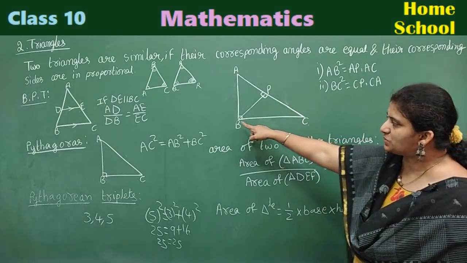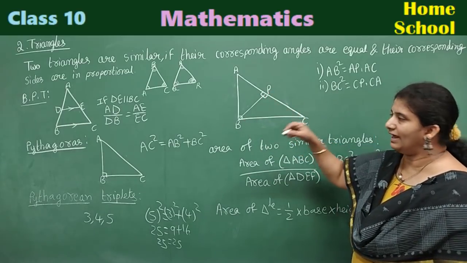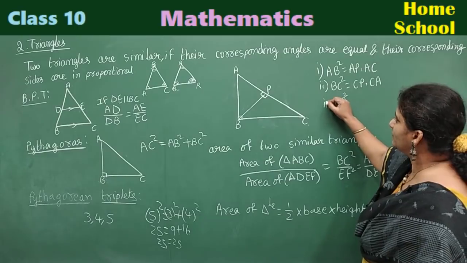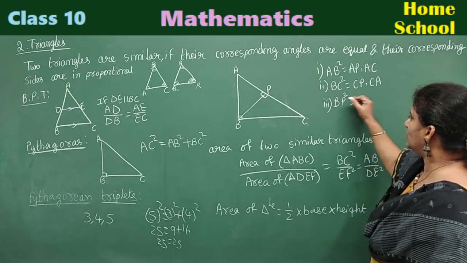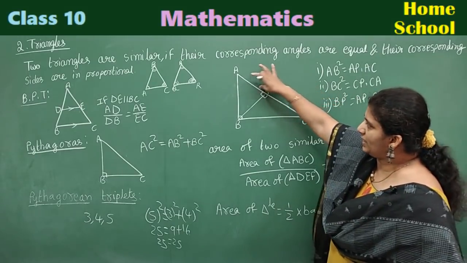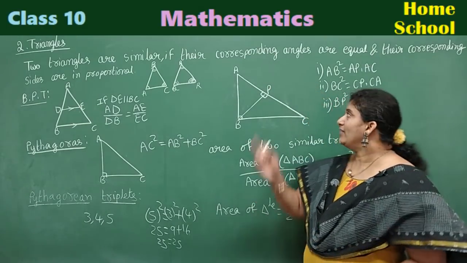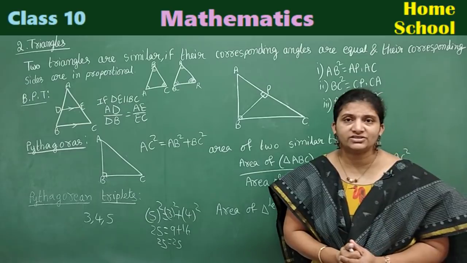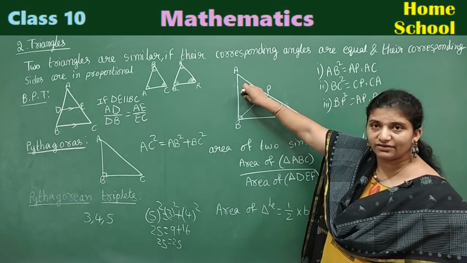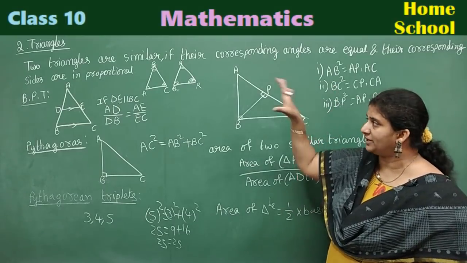And coming to the next one, this perpendicular length. BP square is equal to AP into PC. How we are going to get these three formulas, children? See here, this big triangle and this triangle, if you compare, you are going to get one formula.